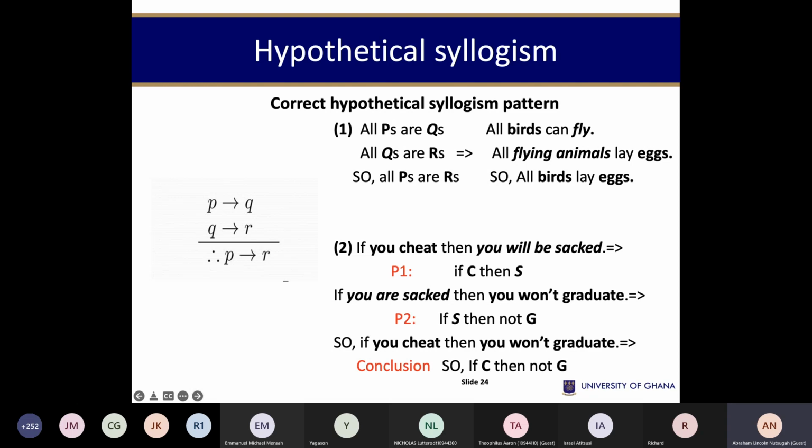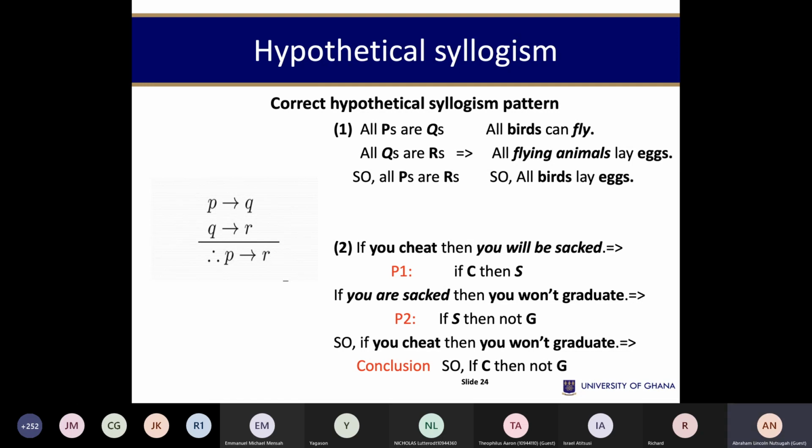Let's assume all P's are Q's, represented by all birds can fly. Then the next one is all flying animals lay eggs. So it means that all birds lay eggs.